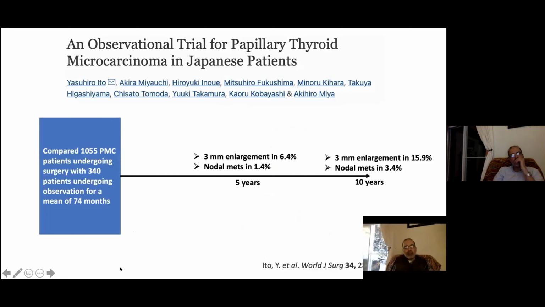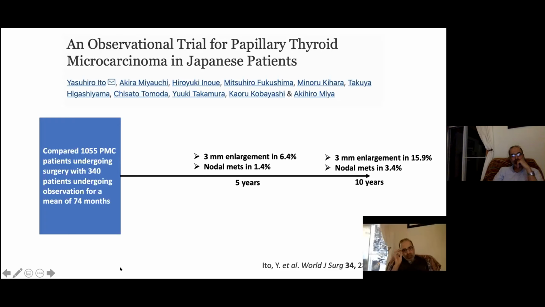So basically, there are now several centers that have looked at it, several studies have been published. I'm going to just take a couple of these as representative studies. This study actually initially came out of Japan, where they compared the outcome of over 1,000 micropapillary carcinomas, these are less than a centimeter, who underwent surgery.